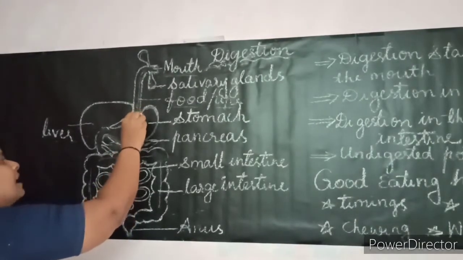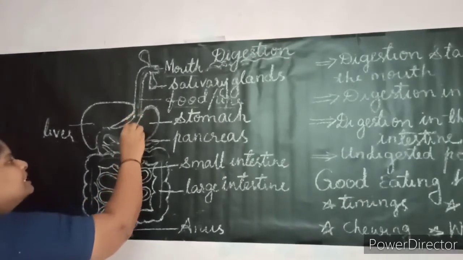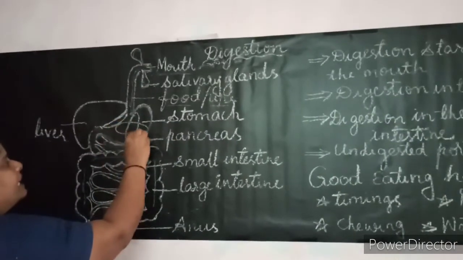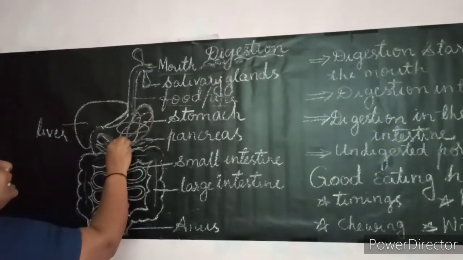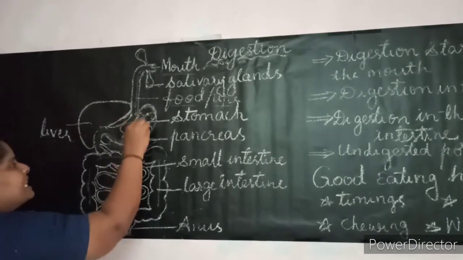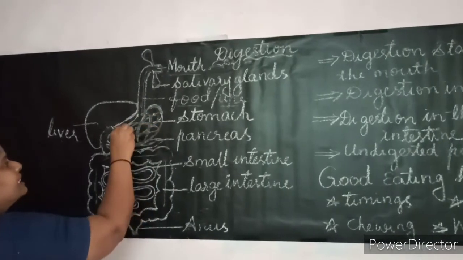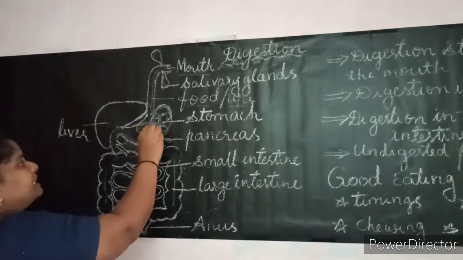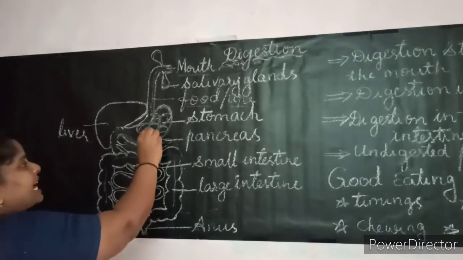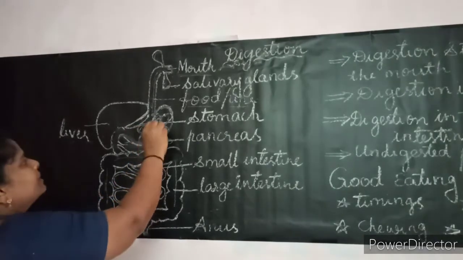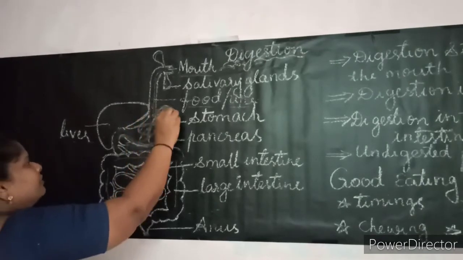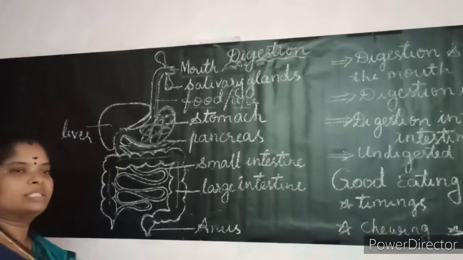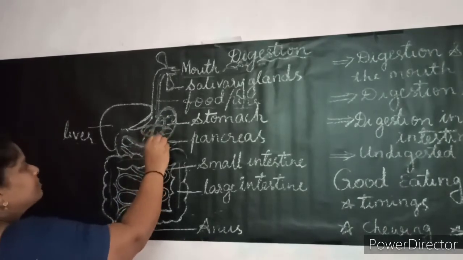After the food enters the stomach, some muscles present in the stomach churn the food in this direction, this direction and this direction with more digestive juices. Here especially proteins and fats are digested in the stomach. The food stays in the stomach for up to 3 hours.